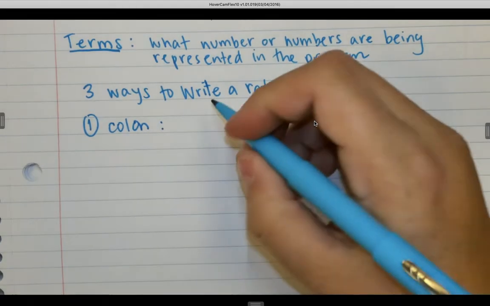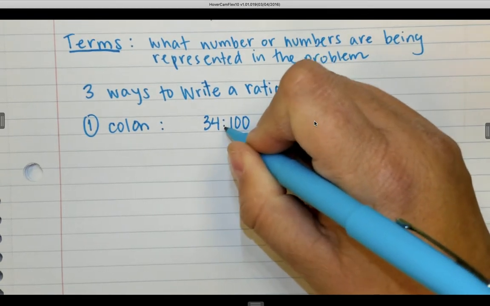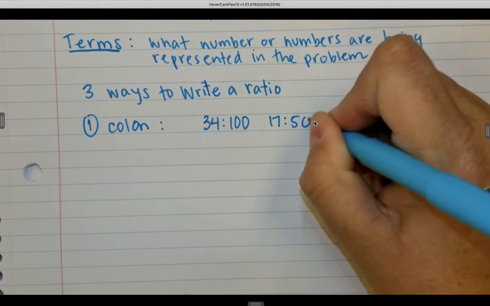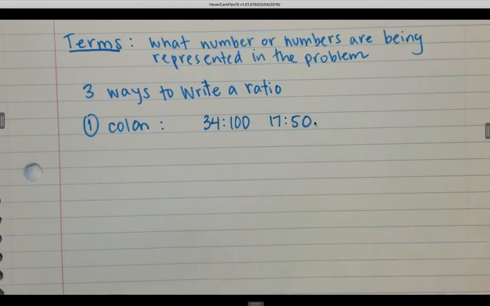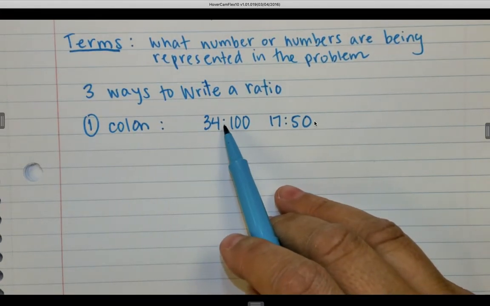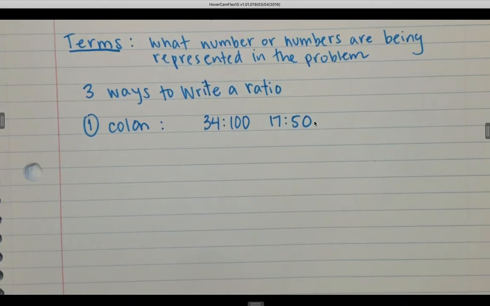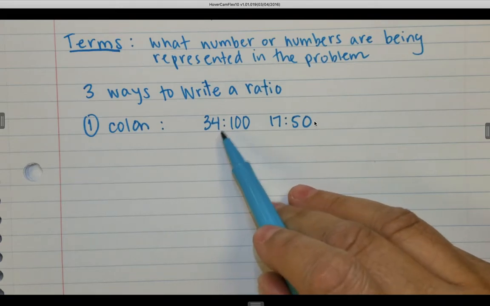An example is 34 colon 100, 17 colon 50. And we use the word to when we are reading it. So this would read 34 to 100, 17 to 50. You don't say 34 colon 100. It's 34 to 100.